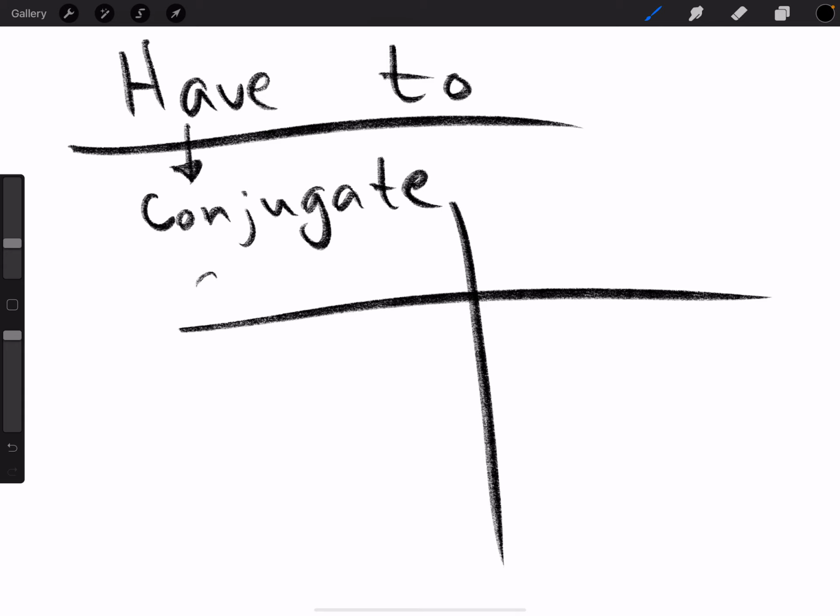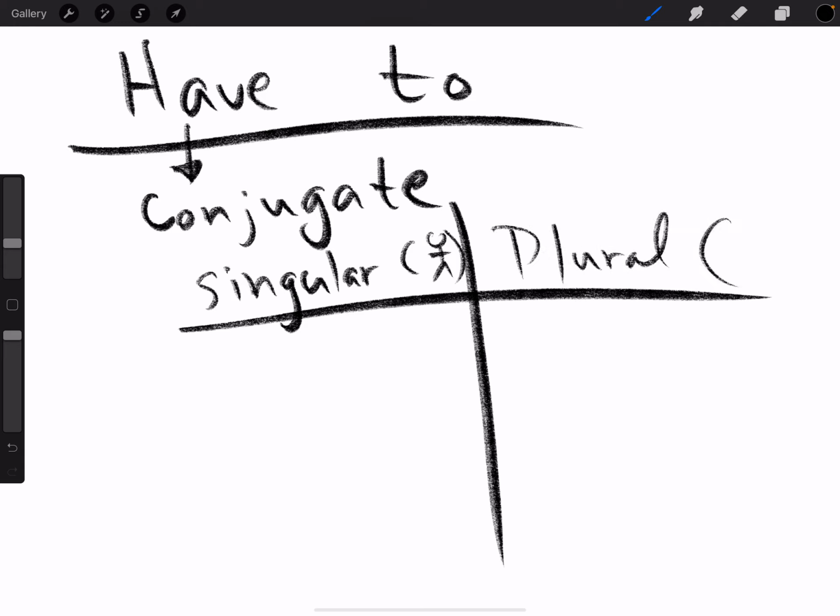As a reminder, how do we conjugate the verb to have in the present? We have singular and plural. And the verb to have is a regular verb, so that means it's going to have two forms only. So it's going to be have or has.